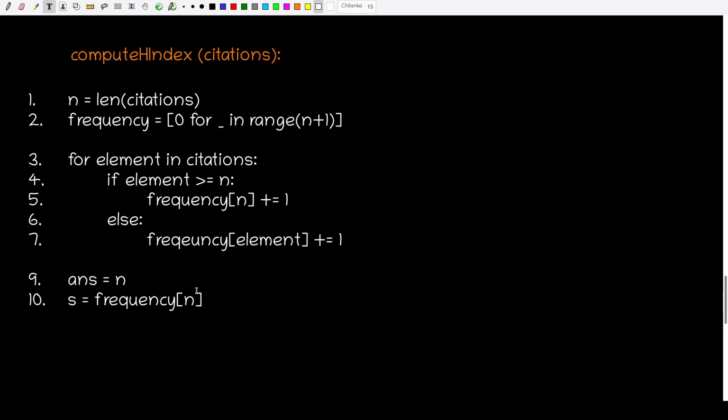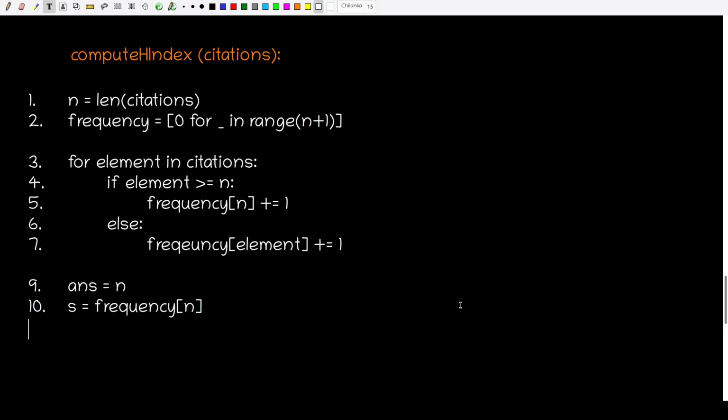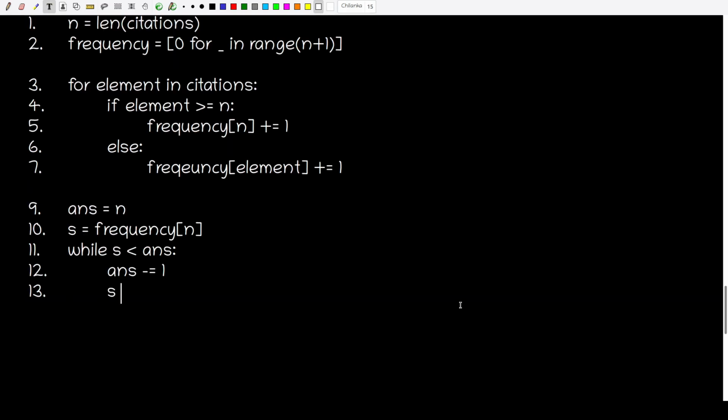Now, with that, we are going to iterate while s is less than answer. If that is the case, all we have to do is reduce answer by 1 and compute s, which is equal to s plus frequency of answer.